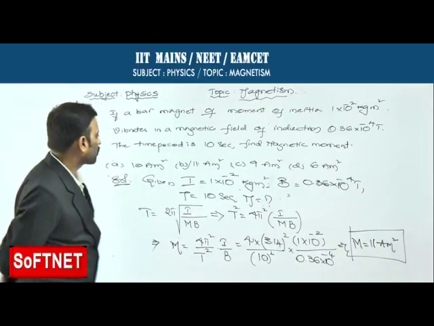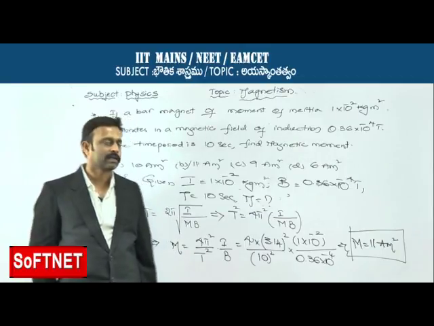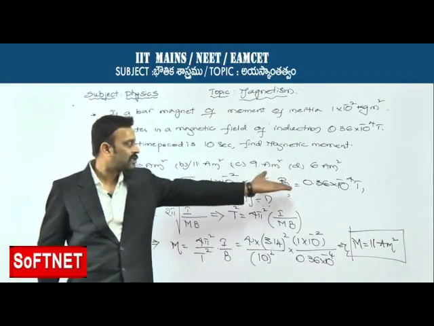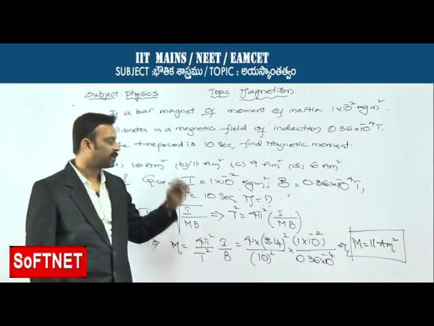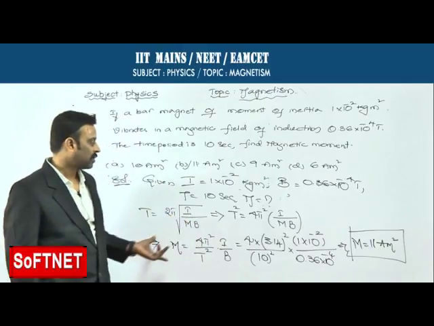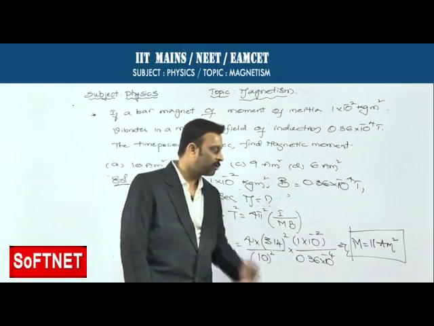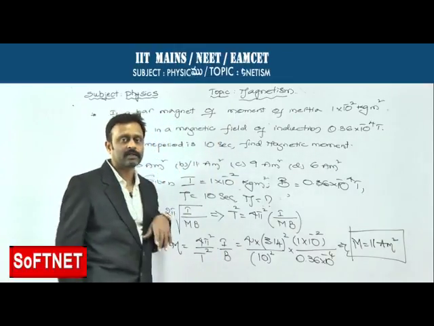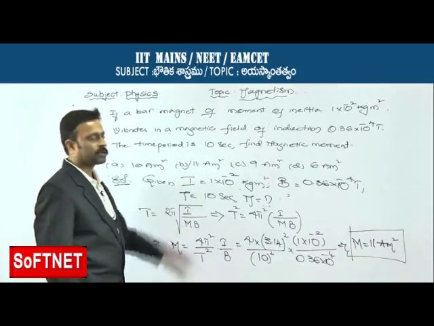According to the problem, the moment of inertia is 1 into 10 power minus 2 kg meter square, the magnetic field induction is 0.36 into 10 power minus 4 Tesla, and the time period is 2 seconds. Substituting all the data in this relation and simplifying, you will get the magnetic moment of the magnet as 11 ampere meter square. So, the second option is correct.